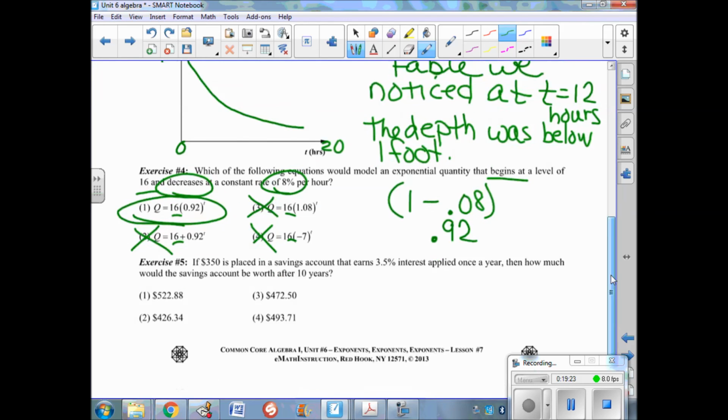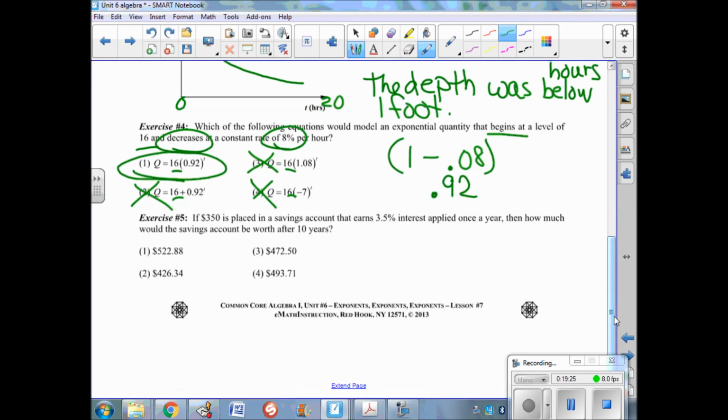Let's go to this last one. We started out with that savings account, and that's our interest, and that as a decimal is 0.035. How much should it be worth after 10 years? So now they're asking us to actually do something, not just recognize the equation. So what are we going to have?